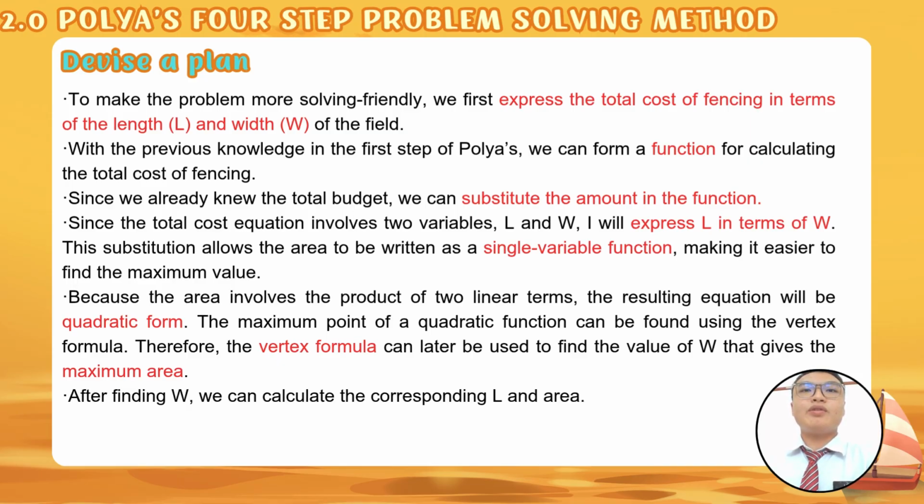When this substitution is done, the equation becomes a quadratic, because multiplying 2 expressions that both involve W produces a squared term. A quadratic equation forms a parabola, and its vertex represents the maximum area. So I plan to use the vertex formula to find the value of W that gives the largest area. After we get the value of W, we can get the value of L and also the area.